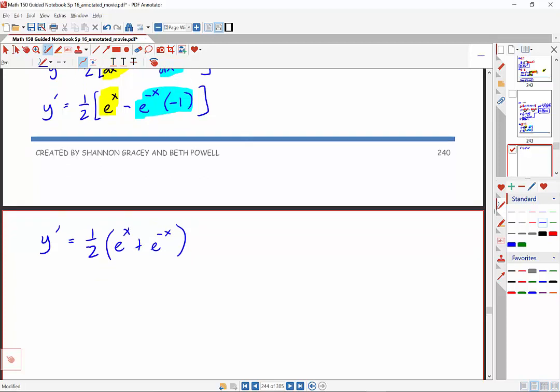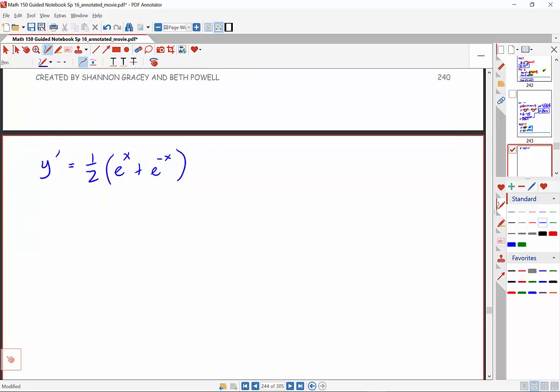And usually you'll get instructions to write things in the form of a single rational expression with no negative exponents. So we'll do a little work on this, okay?